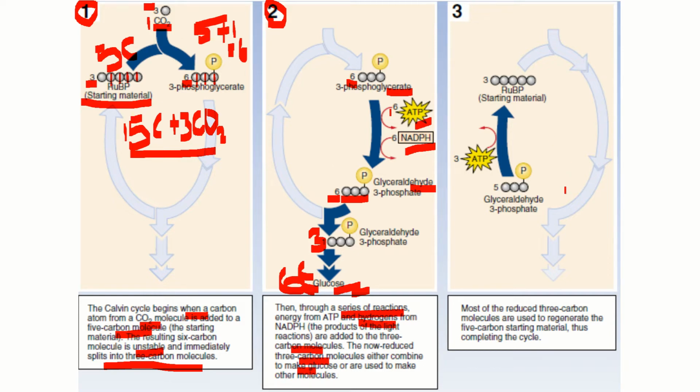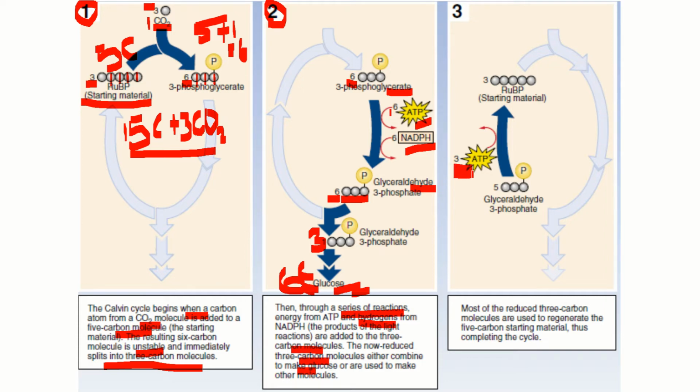Now, third stage, regeneration. So first one is carboxylation, second one is reduction, and third one is regeneration of RUBP, of the starting material. Regeneration of RUBP from the glyceraldehyde 3-phosphate. This also is consuming ATP.